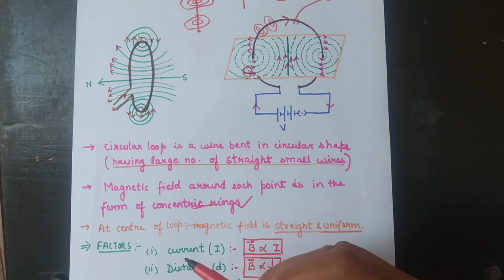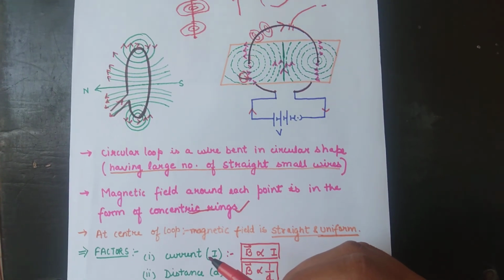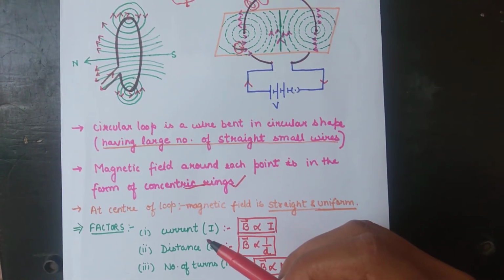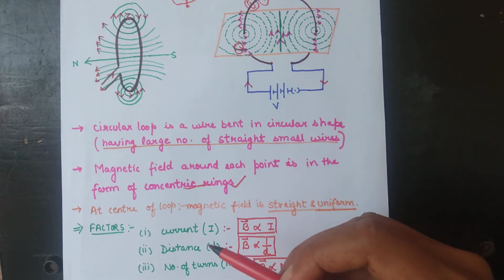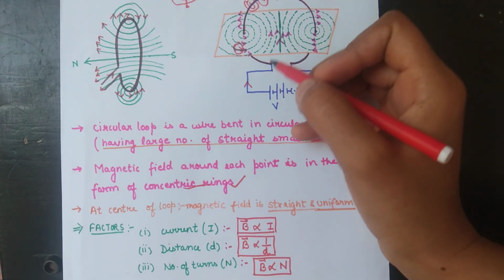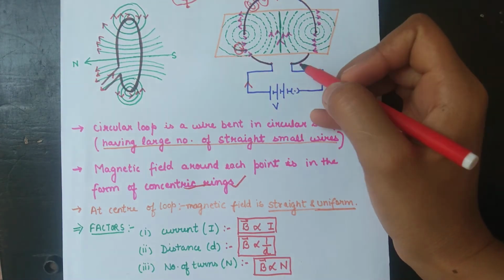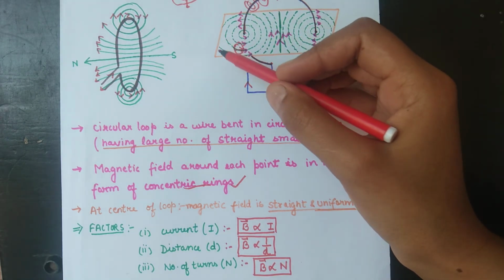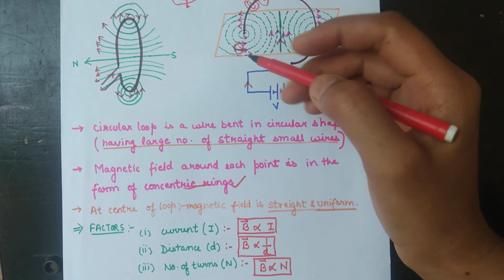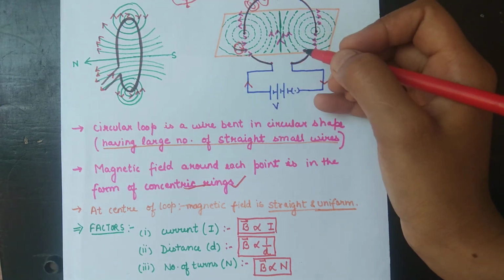Now there are three factors which affect the magnetic field due to a circular loop. Number one is current. If we increase the amount of current flowing through the loop, the magnetic field increases.